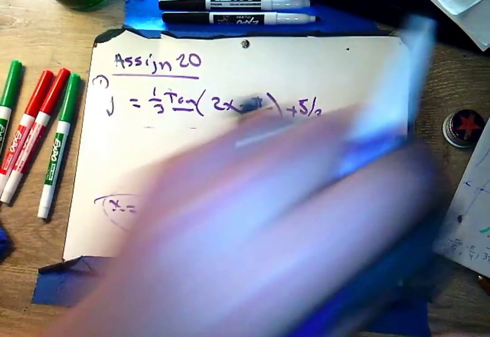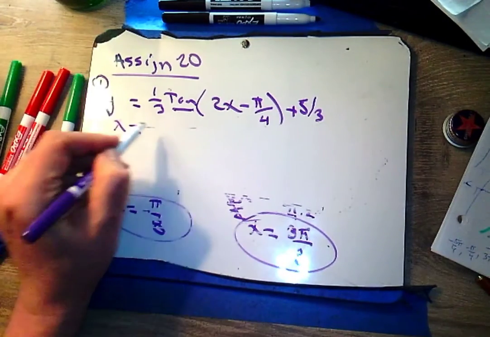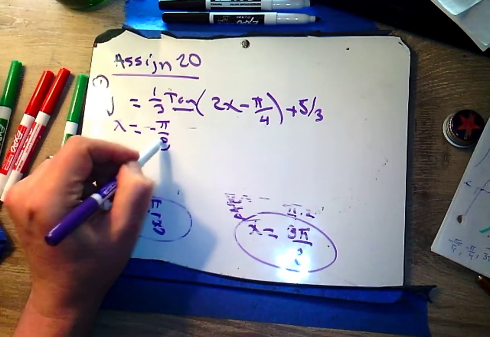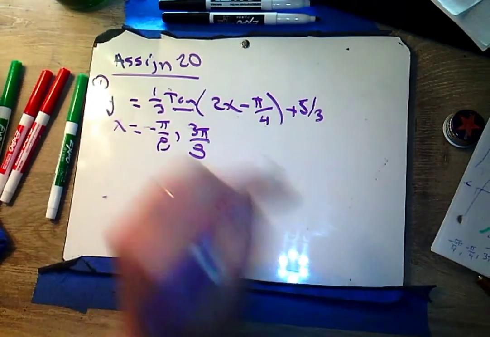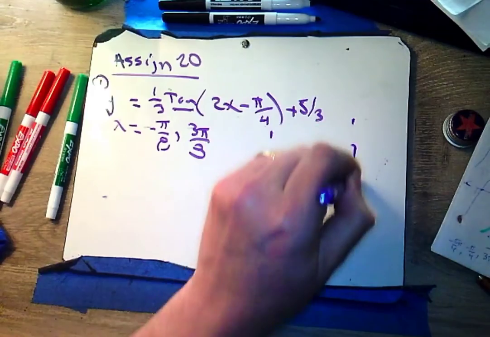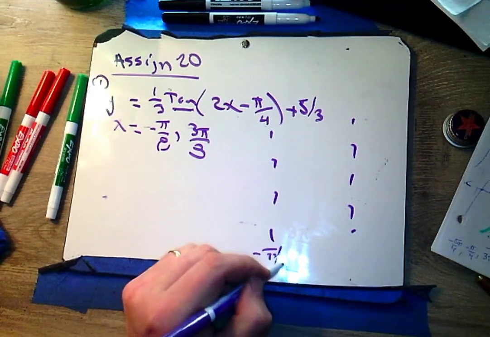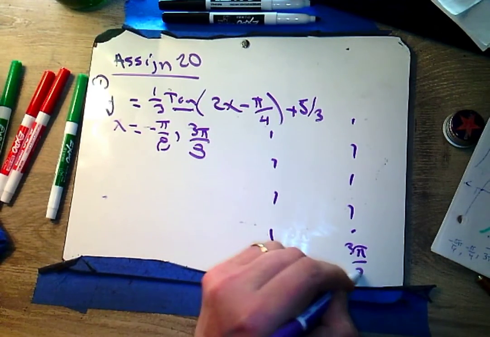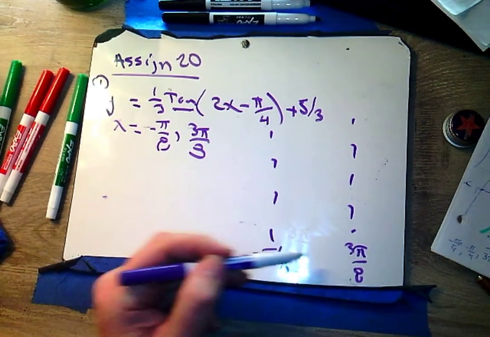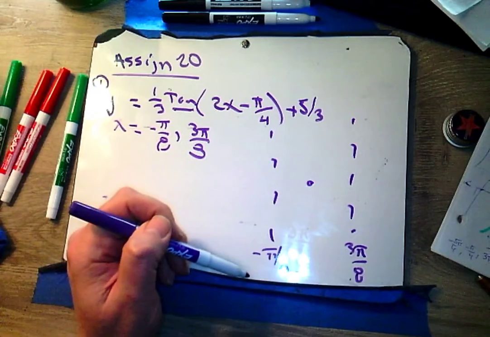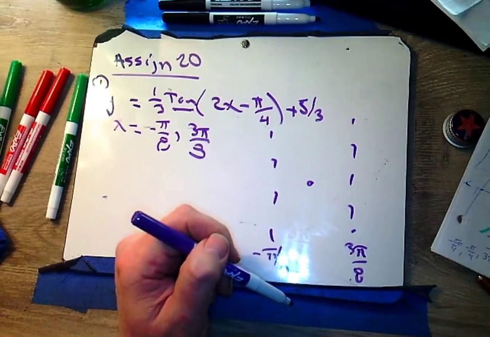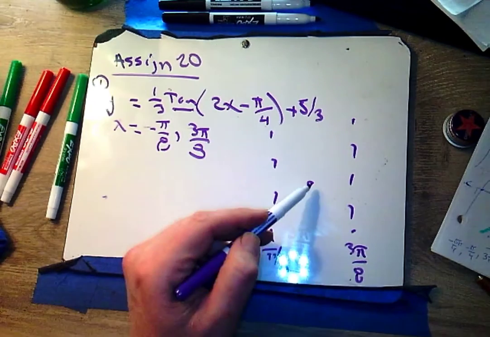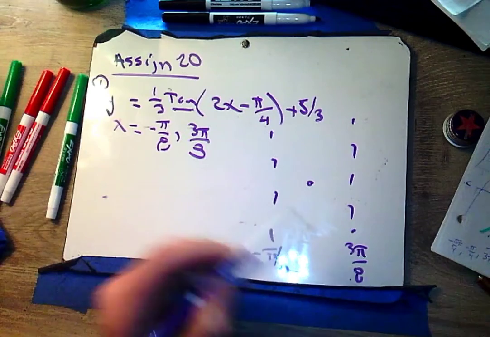So x equals negative pi over 8 and 3 pi over 8. Halfway between these, we have our inflection point, where we go from concave down to concave up for positive tangent, or concave up to concave down for negative tangent.